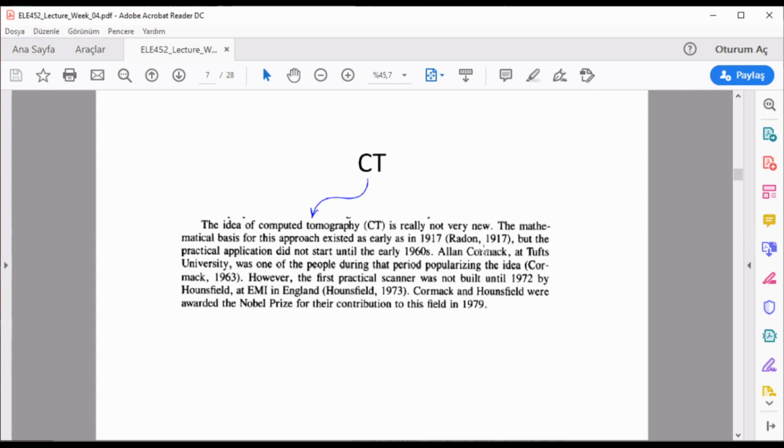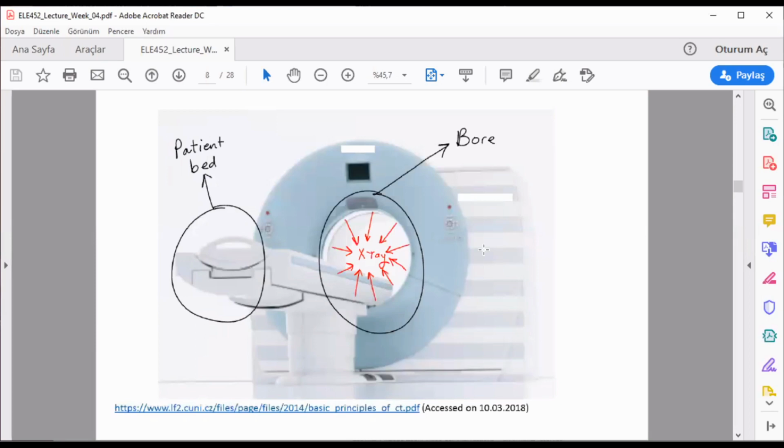Actually, their mathematics is more than 100 years old, but their clinical applications have developed in the last 40 to 50 years. Here is a picture of a typical X-ray tomography system, which has, of course, a patient bed. The patient lies down, and this bed can be moved upwards or downwards, left or right, by the operator next to the patient.